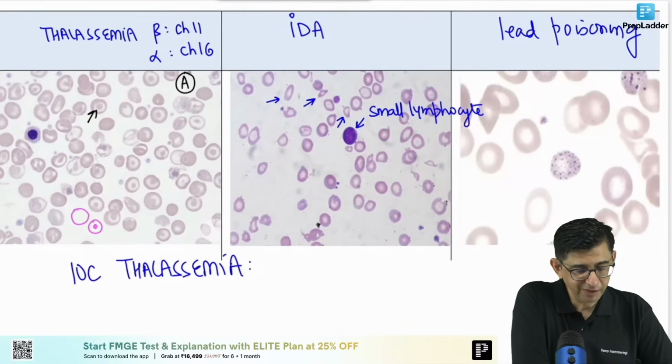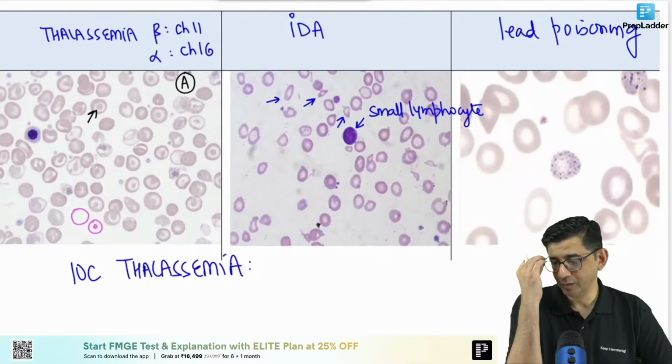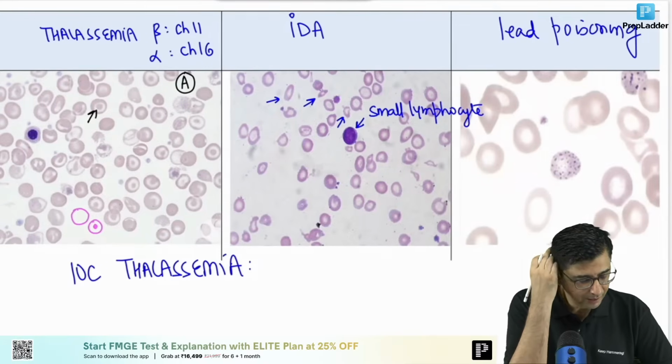What is the investigation of choice with respect to thalassemia, whether alpha or beta thalassemia, guys? Okay, I am getting very good answers at the moment. HPLC, great. HPLC, high performance liquid chromatography. Then I'm getting hemoglobin electrophoresis as well.